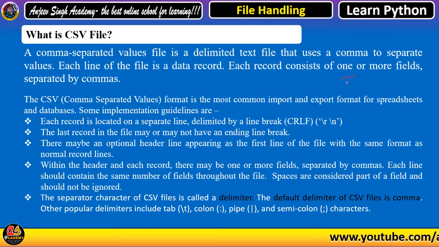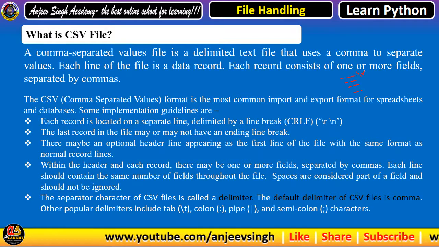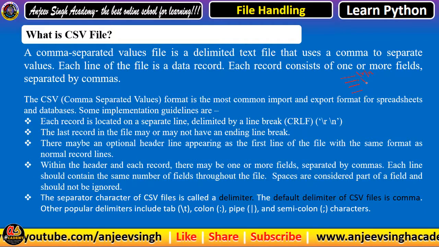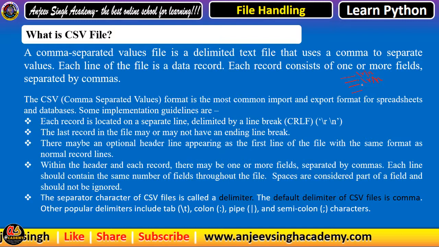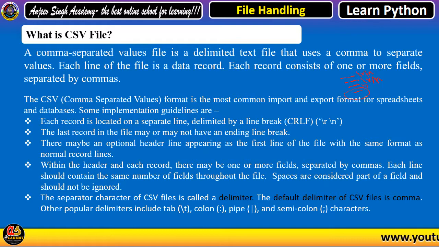Suppose this is a record and after this record there is one more record, so there is a slash r slash n. After this record there is another record, so there is a slash r slash n. In this case also it is possible, but for the last record there is no more record after it, so there is no slash r slash n. It also depends on the operating system.